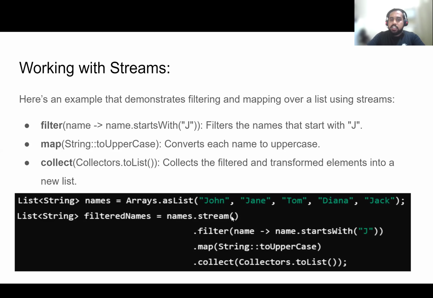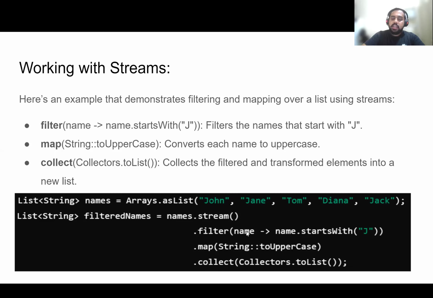If you type .stream, this names is my collection of data. It will be passed to the stream pipeline as a source. After that, I can do two types of operation. One is intermediate operations and the second one is a terminal operation. This filter and map are the intermediate operations. After that .filter, for this method I need to pass a parameter like name.